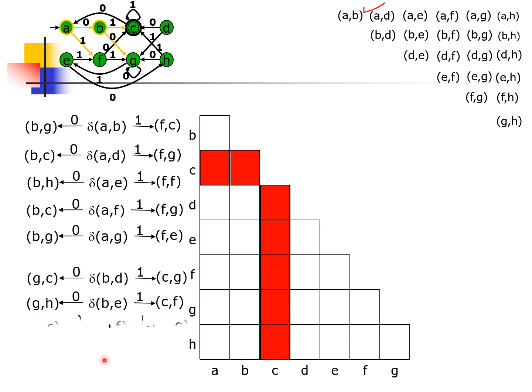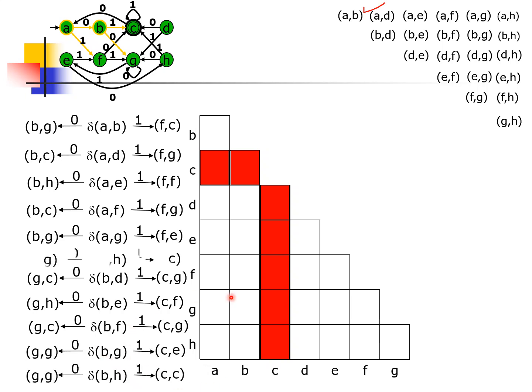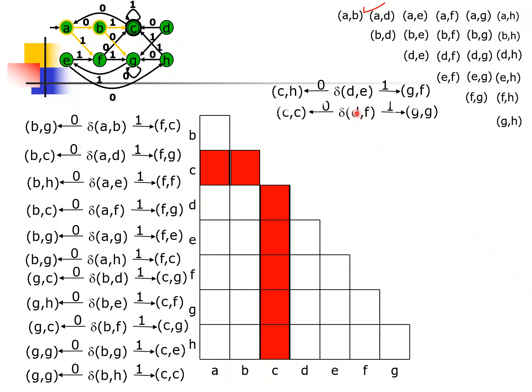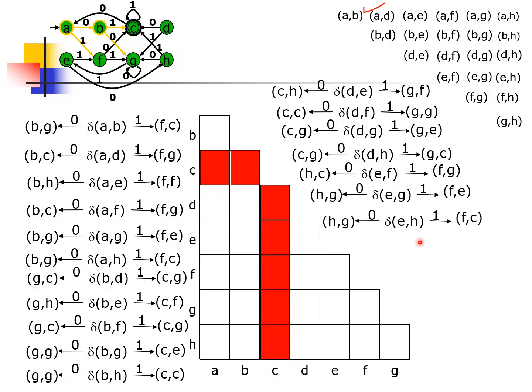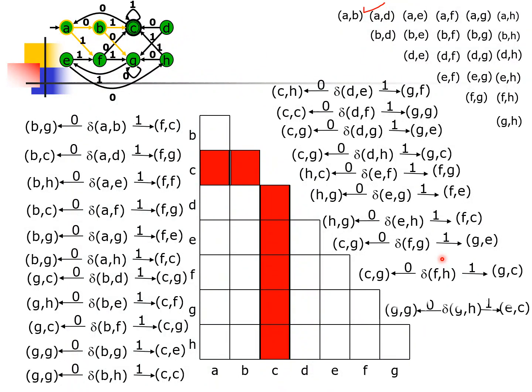So you have written everything: AB, AF, and one more, AD, DF, then DH, DG, then EF, then EG, then EH, then FG, then FH, and finally GH. We have found all the transitions of each of the pairs of states. A little lengthy, but it's very easy.